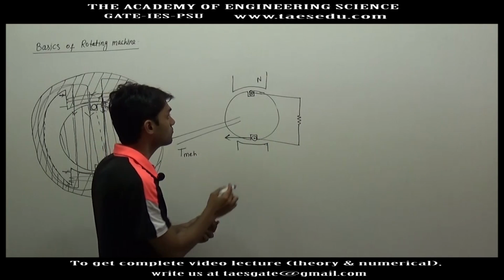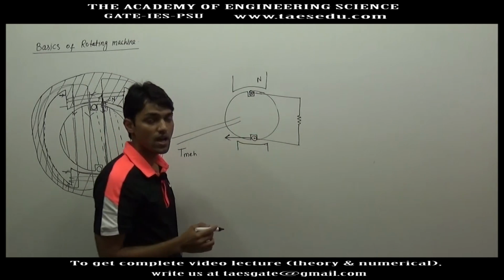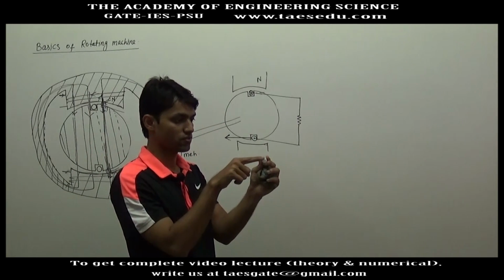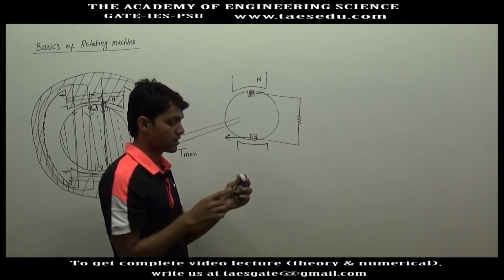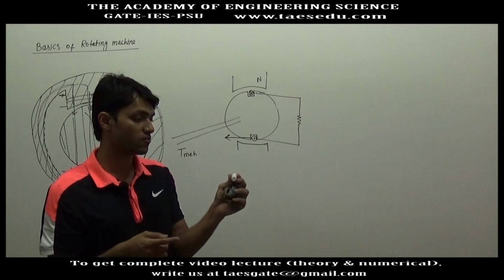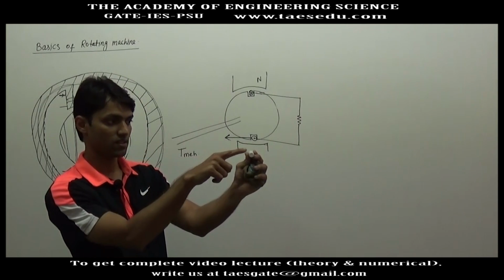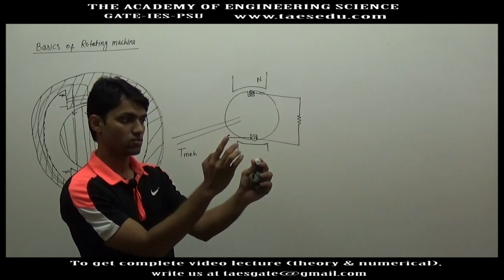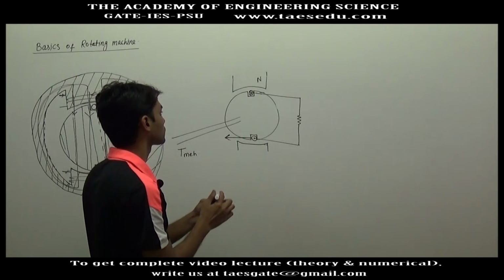Now if this rotor has a current, due to this current there will be an MMF. Let's say I have only one turn, so due to current in the turn there will be an MMF, and due to MMF there will be a flux. So what will be the direction of flux? If we see from this direction, the current is making an anti-clockwise loop. So due to this loop, the direction of flux will be in this direction.